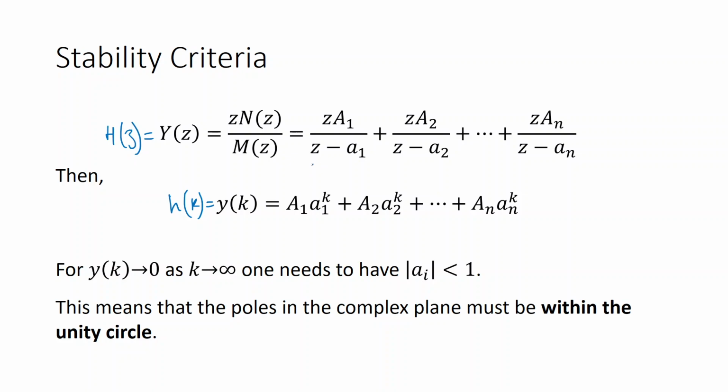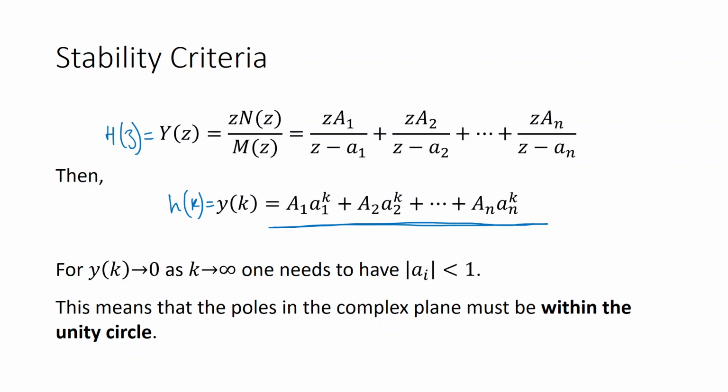Then you see that if we can represent it as a partial fraction, we can actually write down the sequence like this. Now the question is when this sequence will be converging. That is the question. If you can answer this question, you have found out what would stabilize the system.